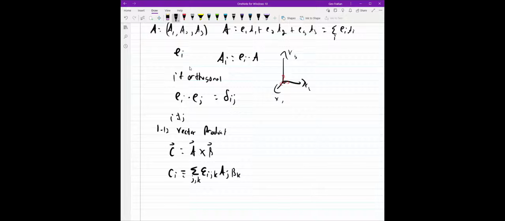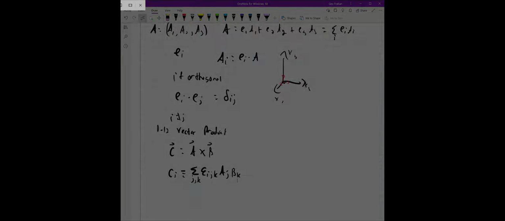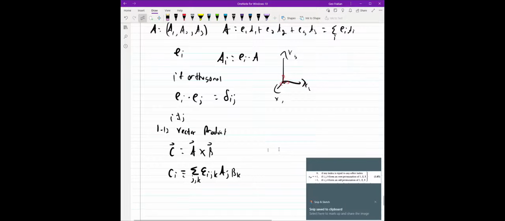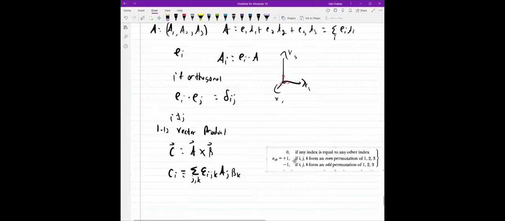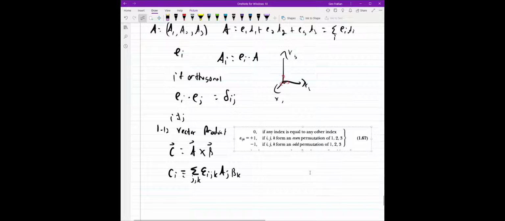Basically, I'll just screenshot it because I want to write it out, but I'll tell you how I remember it, because not everyone's taking probability or whatever, and you might not be super familiar with permutations. Let's say i, j, and k. You could have 1, 2, 3, 2, 3, 1, 3, 1, 2, or you could have 2, 1, 3, 1, 3, 2, 3, 2, 1. So these are even, these are odd.